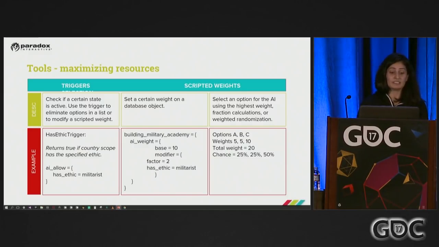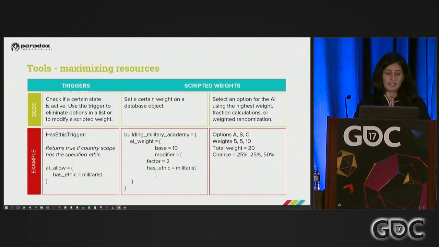And this trigger returns true if that condition is satisfied, else false. That trigger we can then use to put a certain weight on one of our objects in the database. And most of our elements are objects in a database, like buildings, traditions, ascension perks, policies, edicts, and so on.